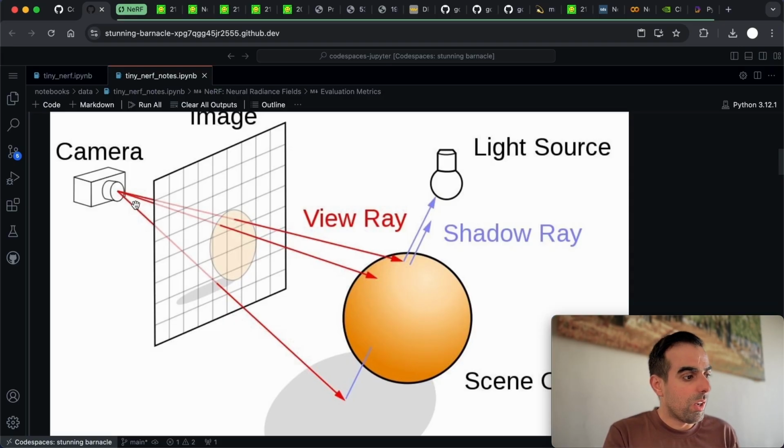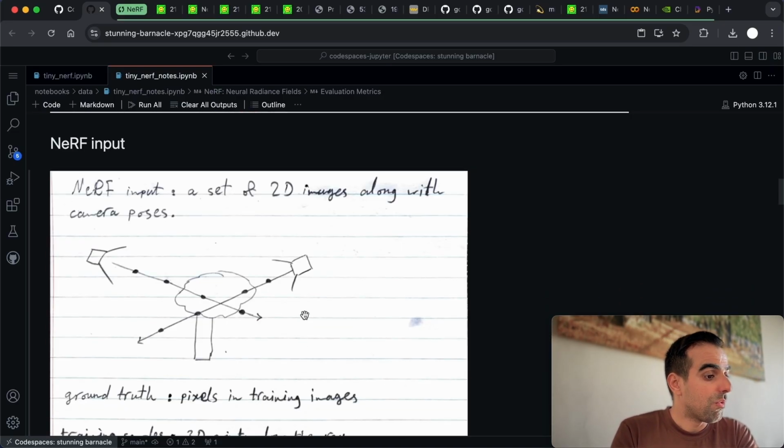All rays have the same origin, which is the camera position, but they are slightly directed towards the pixel, how it is viewing that object. Along each ray, you are sampling points, and you're trying to optimize these points to match the 2D images that you had before.